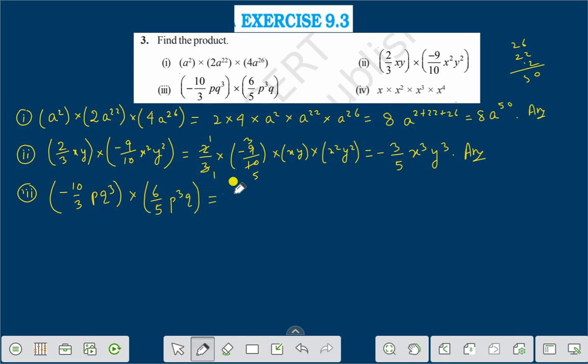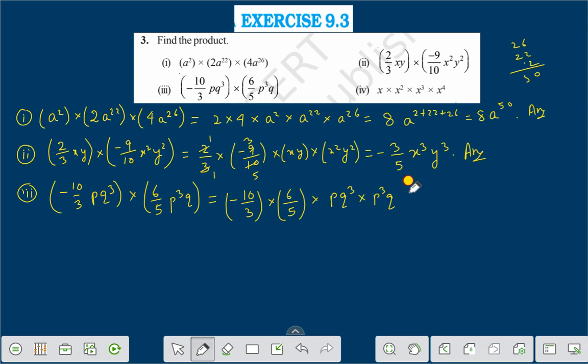First of all, multiply the numbers, that is minus 10 by 3 into 6 by 5, into p q cube, into p cube q.